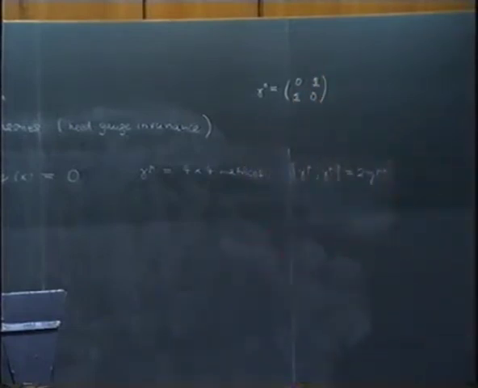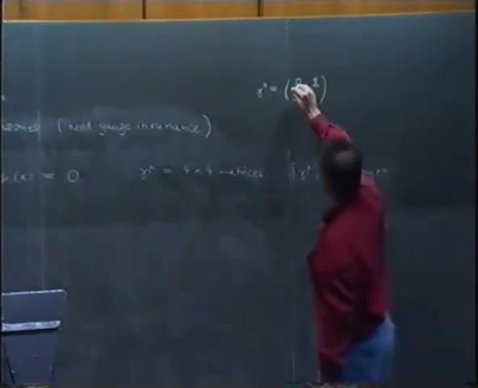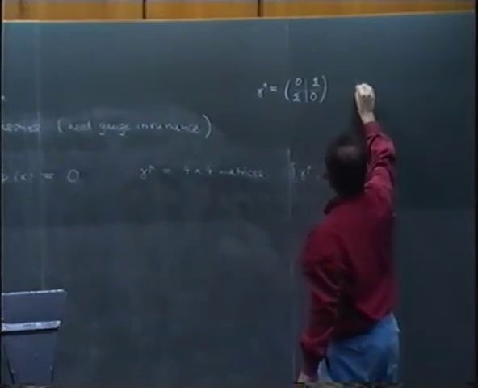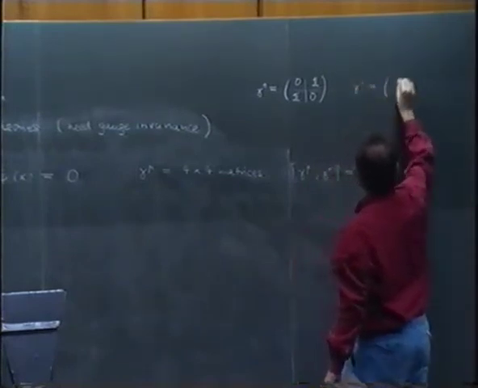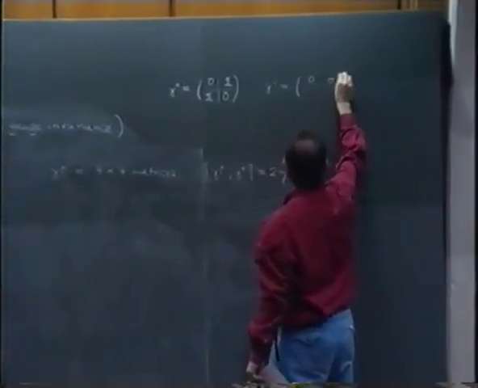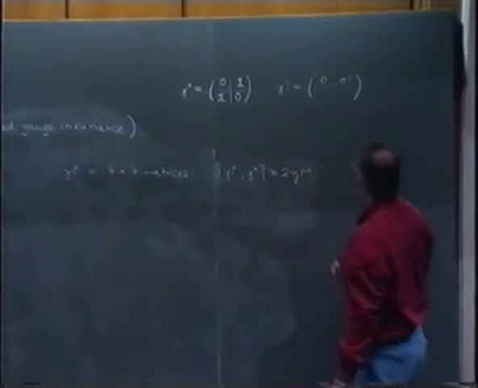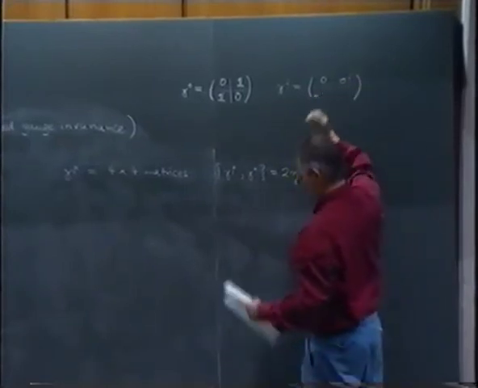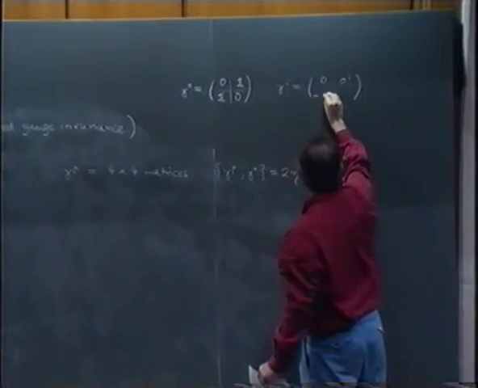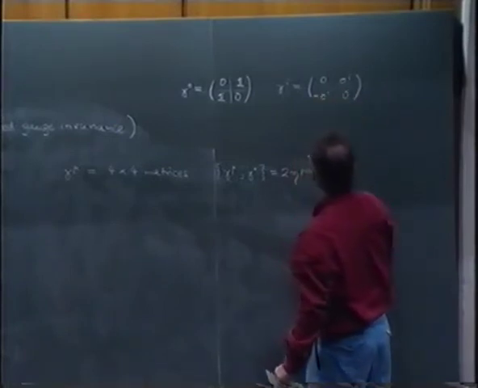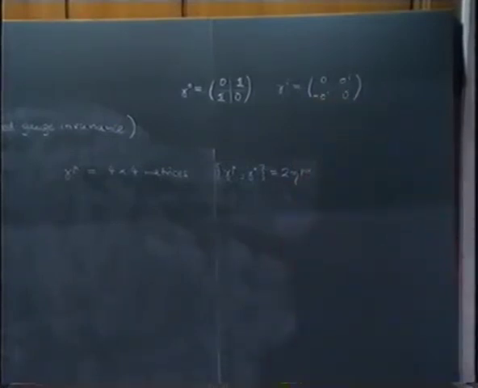They're 4x4. I can write them as 2x2 blocks of 2x2 matrices. And one convenient choice is the following. Here we take the Pauli matrices, 2x2, and here's a minus sign, sigma i, 0. But that is, of course, just one choice.